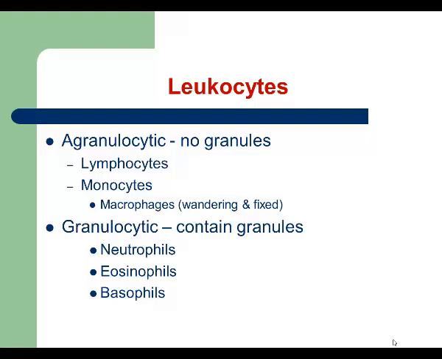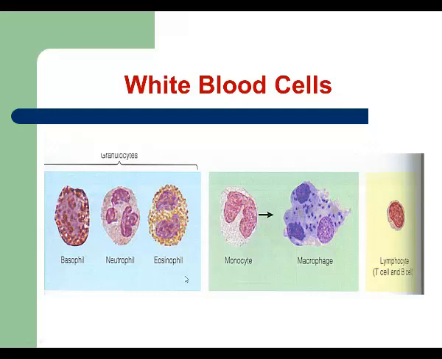And then the second group, granulocytes. Granulocytes have granules in the cytoplasm. Those are neutrophils, eosinophils, and basophils. On this slide, you see how white blood cells look under the microscope after we dye them, after we give them some color.